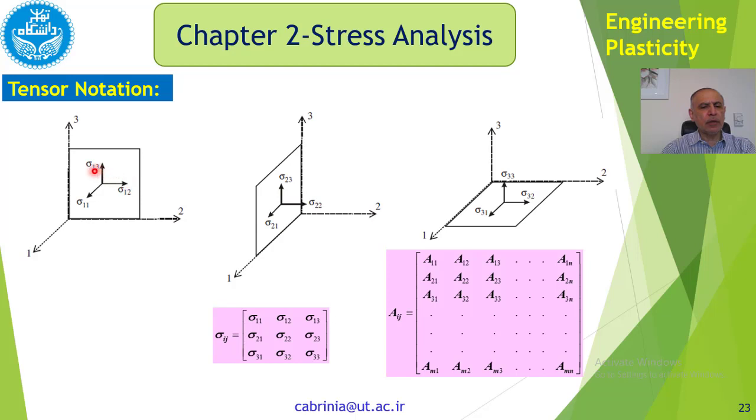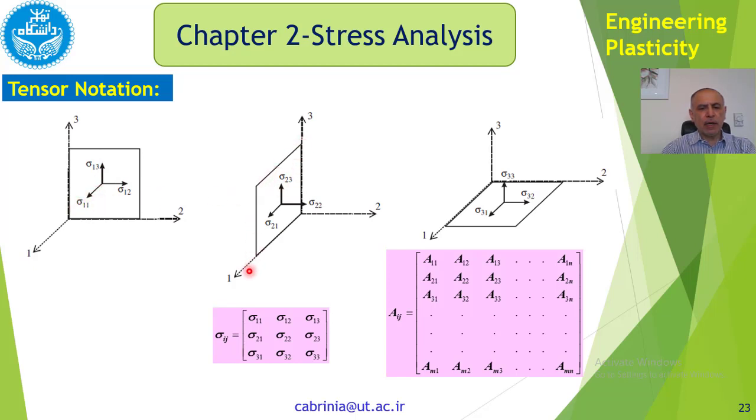As we explained before, this one is due to the fact that the perpendicular to this plane is in the direction of 1, therefore we say sigma 1, and 3 is due to the fact that it is in the direction of 3, therefore that's sigma 1, 3, sigma 1, 2 again, and sigma 1, 1 is perpendicular to the plane.